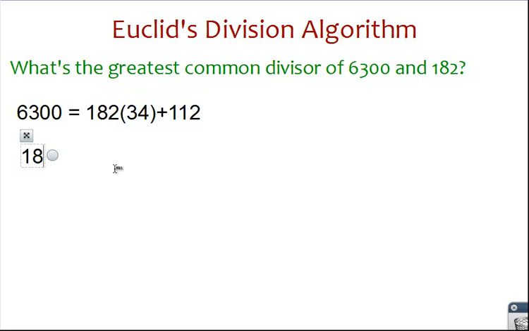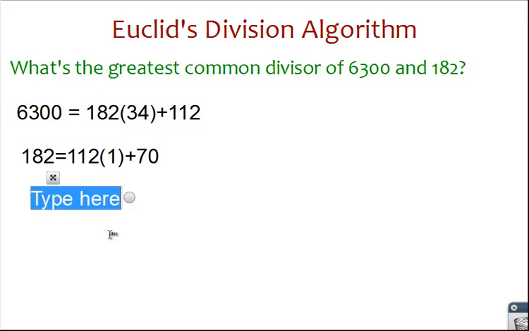So we say 182 equals 112, in this case times 1, plus a remainder of 70. And for the same reason that the greatest common divisor is a factor of 112, it must also be a factor of 70, because it's a factor of these two things, and so it must be a factor of these two things. And so we repeat the process.